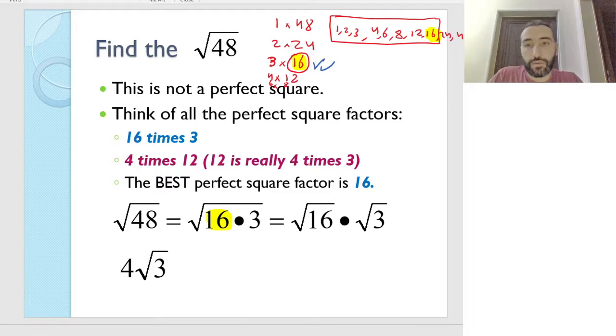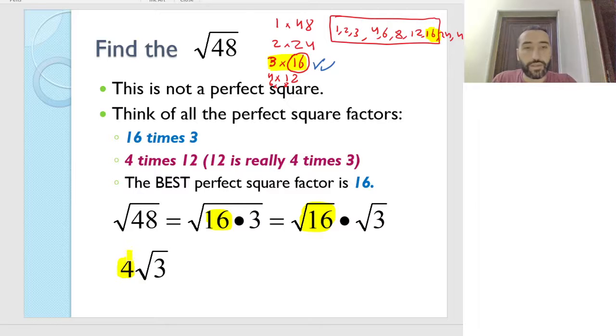So radical 48 equals radical 16 times 3. 16 is a perfect square, so it is radical 16 times radical 3, the property we took before. And then radical 16 is 4, so it is 4 radical 3. This is the idea, and this is the whole story.